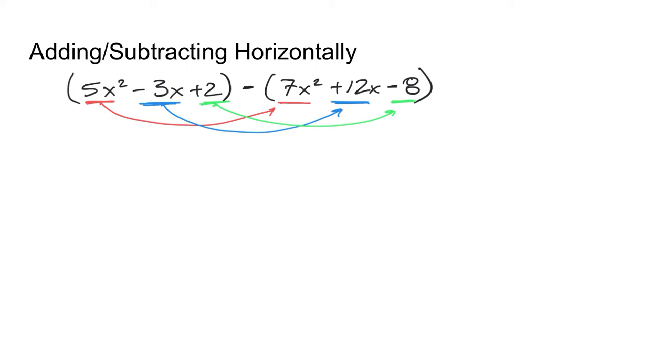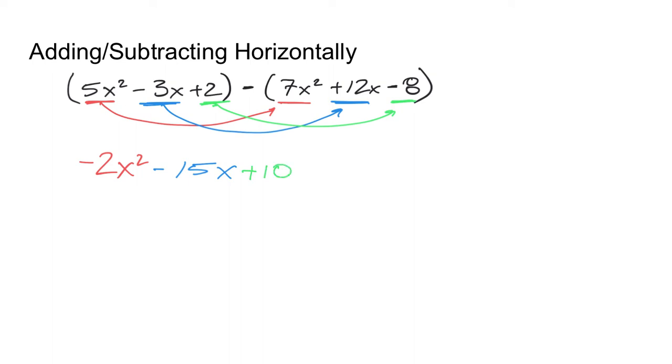So I'm going to take 5x squared and subtract from it 7x squared, and I get negative 2x squared. Then I'm going to take negative 3x, subtract from that 12x. It just gives me more negative. I am at negative 15x. Then I have positive 2 minus negative 8. Remember, when we subtract a negative, it turns it into addition, and I'm going to have plus 10.